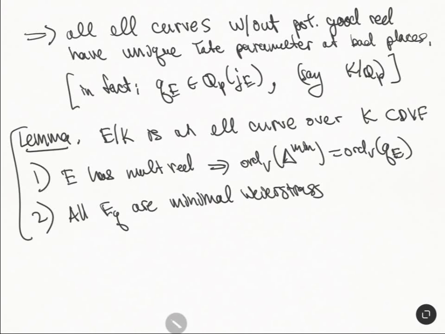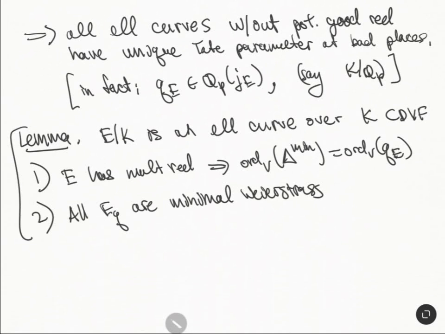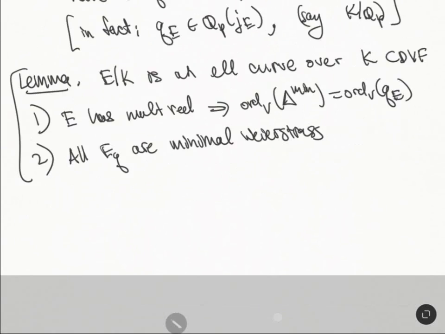All right, so how do we prove this? So let's do the first proof. So we want to show that the order of the minimal discriminant is the same thing as the valuation. To do this, we use Ogg's formula.